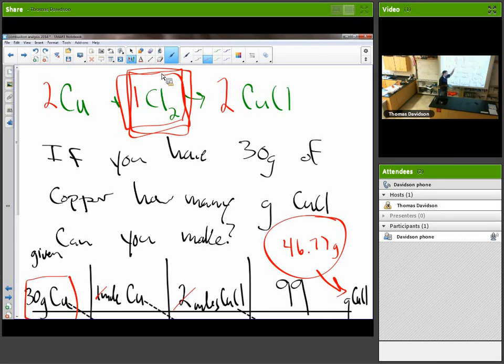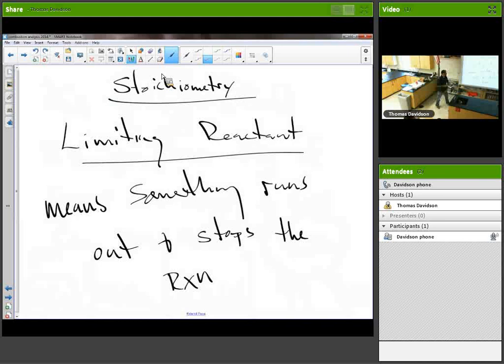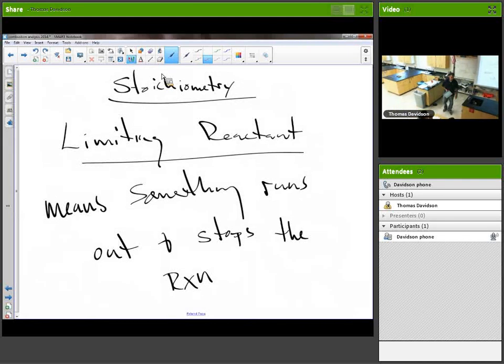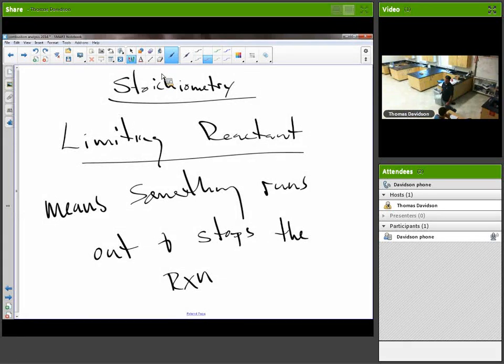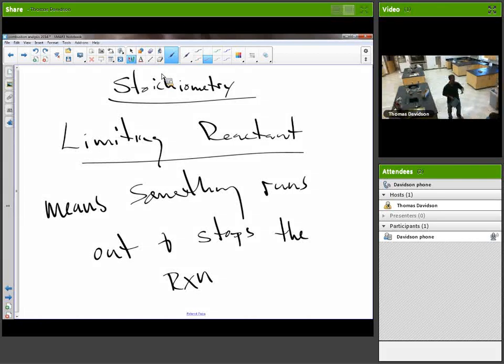Which is implying that copper is what we call our limiting reactant. A limiting reactant means something runs out and the reaction stops. The limiting reactant is going to be extremely important, even though we never talked about it last year.